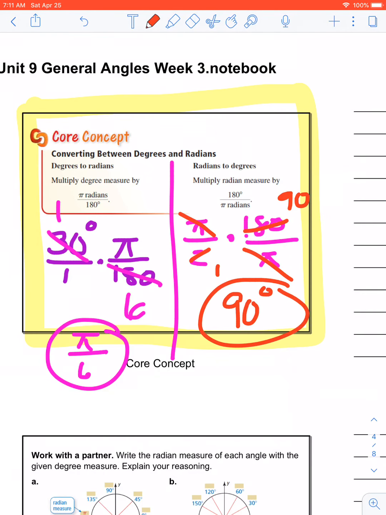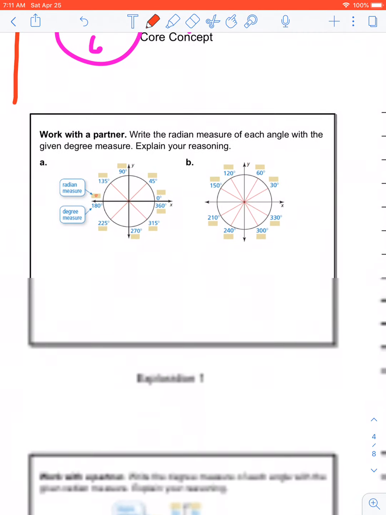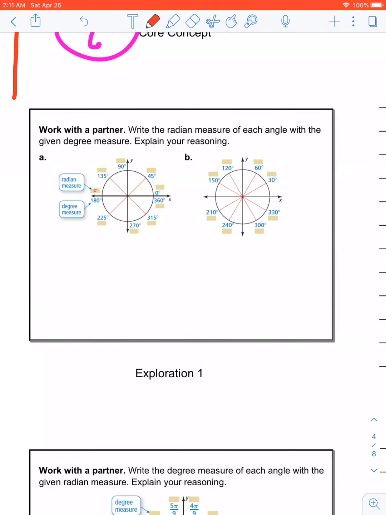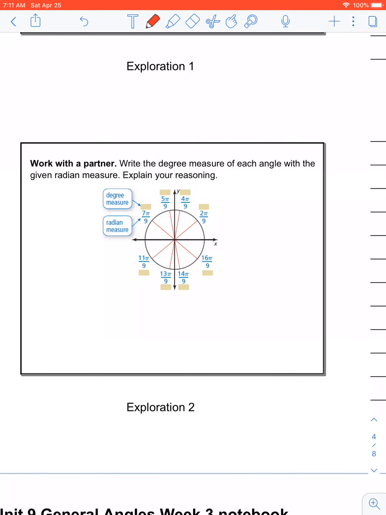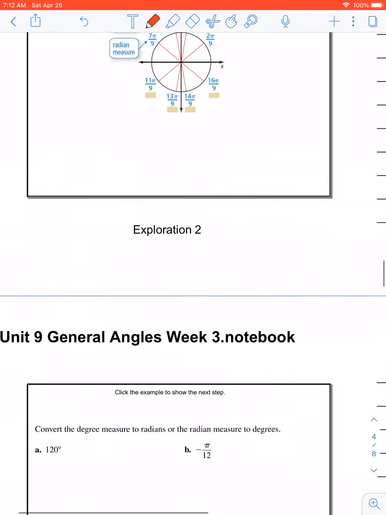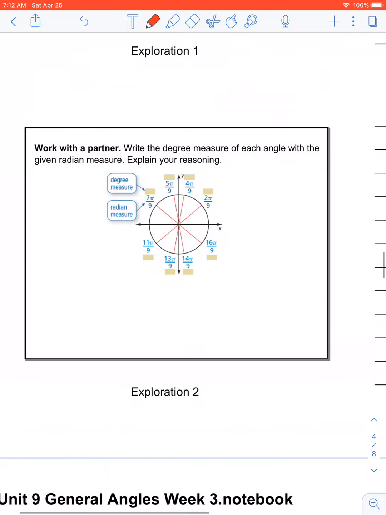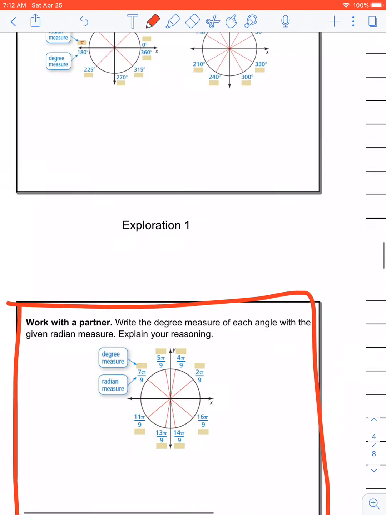Okay. These are both measurements that are on the unit circle, which we'll talk about in the next coming weeks. Really important numbers to have memorized. So that is how you convert radians to degrees. If you look down here, the next few slides, I have a couple more examples of how to do it. You can kind of go through and figure out radians to degree measurement. These are examples of unit circle measurements that we're going to talk about again next week.